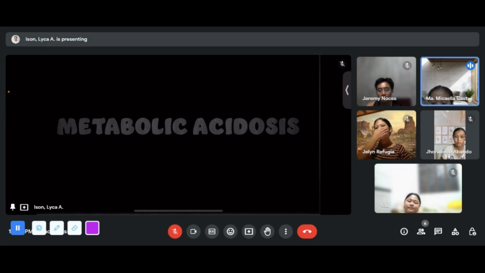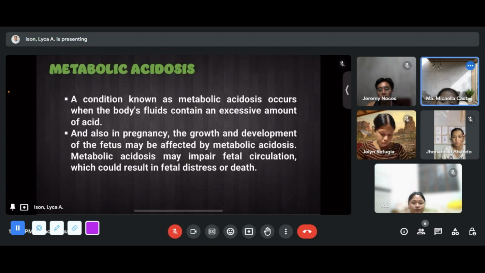So, yung metabolic acidosis. Next slide. So, ang metabolic acidosis, a condition known as metabolic acidosis occurs when the body fluids contain excessive amount of acid.